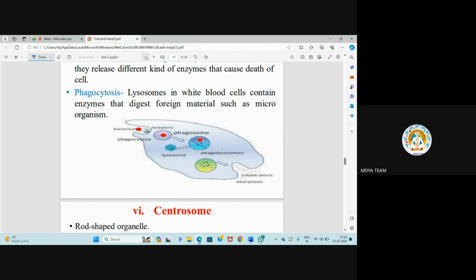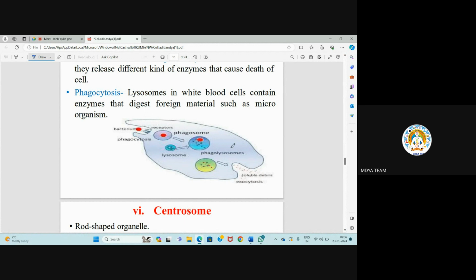You can see here in this picture how this red colored bacteria is coming in our body, and by phagocytosis the white blood cell is attacking on it, and the bacteria is being engulfed, or captured inside white blood cell, and the lysosome here is digesting this bacteria, and after digestion it is releasing the waste material out from the cell.